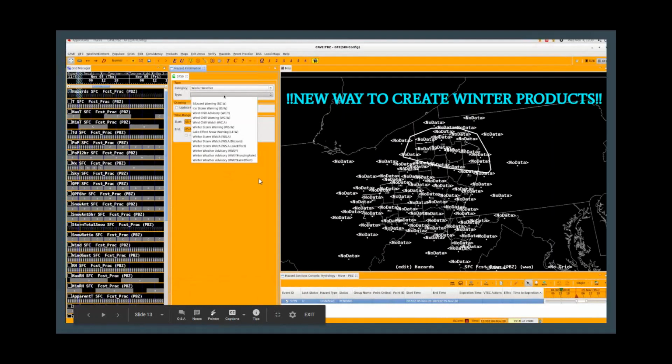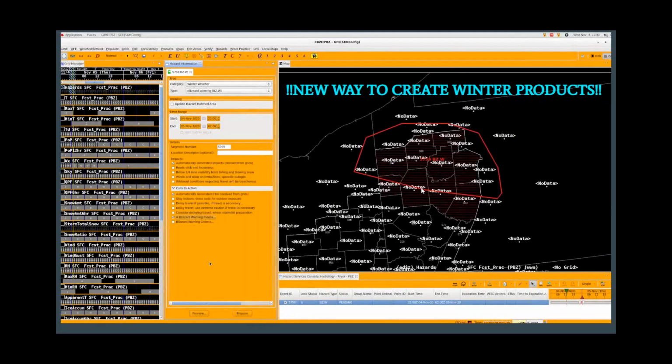So you go back to, say, a winter weather advisory for a lake effect event or something like that. So you could have an ice storm warning. I can go in here and draw up near the I-80 area, and then it'll highlight that area for a blizzard warning. And then the calls to action, if you saw in the product before, we didn't have this capability to customize what the blizzard criteria is.